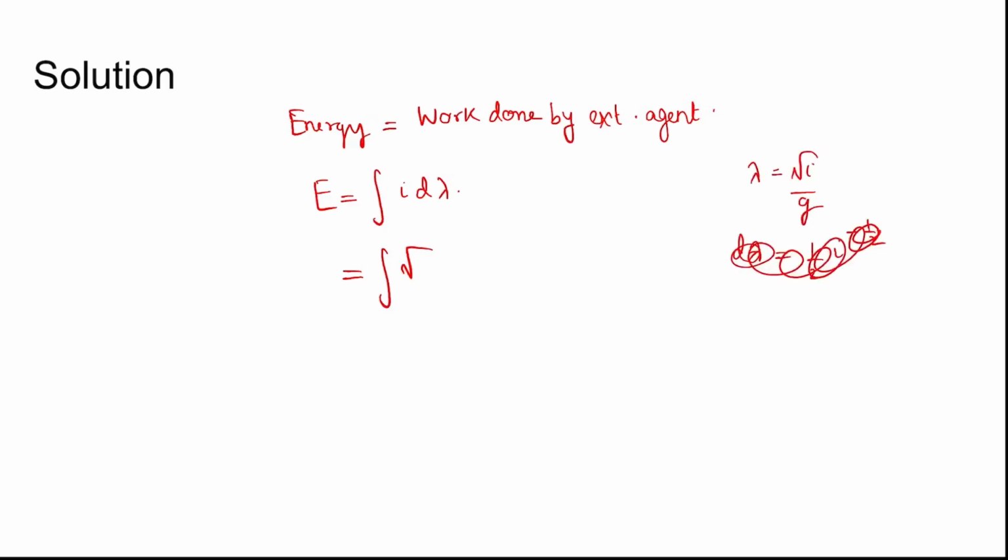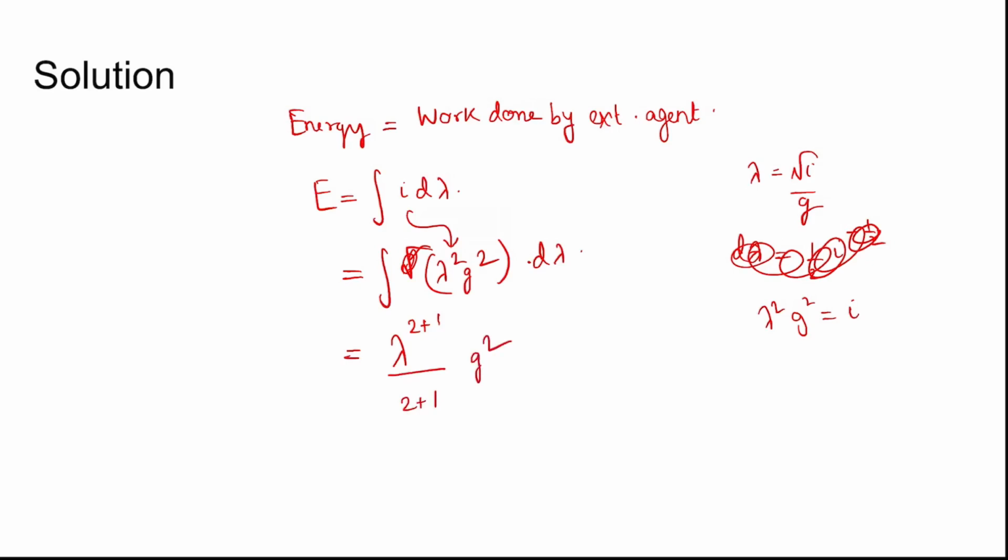So lambda equal to root I by g, and then lambda square g square equal to I. Writing lambda square g square in terms of I into d lambda, we get lambda to the power 3 by 3 into g square, equal to lambda cube g square by 3.